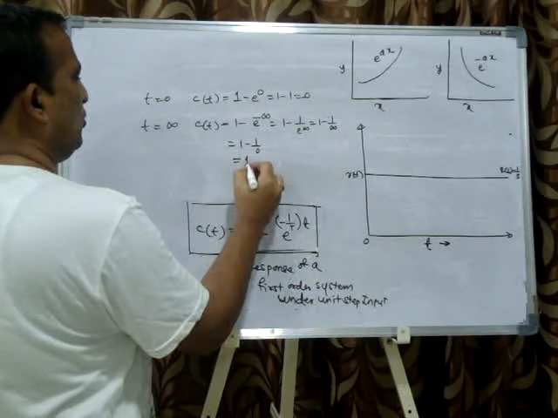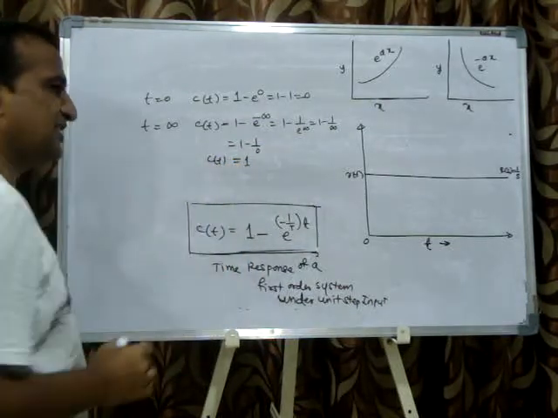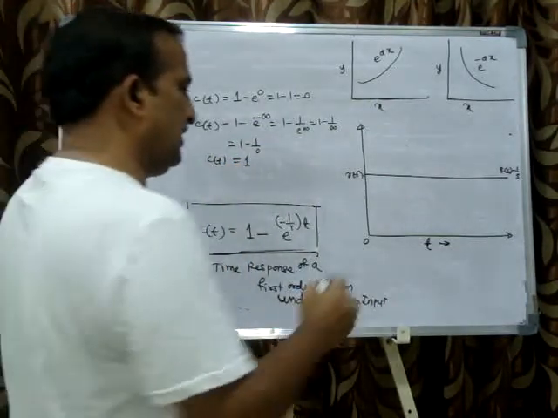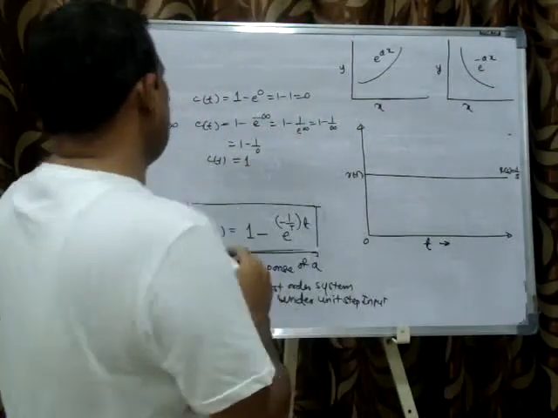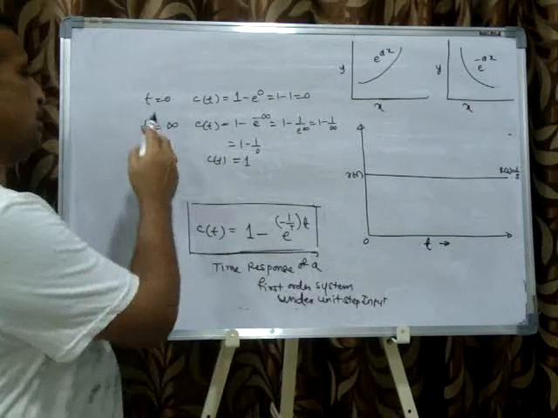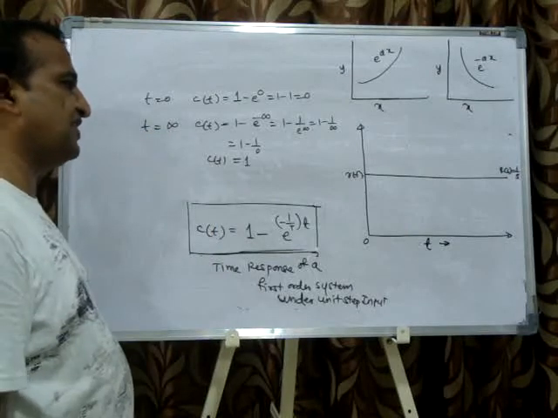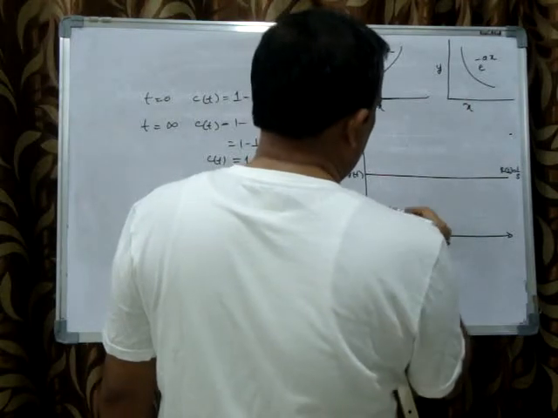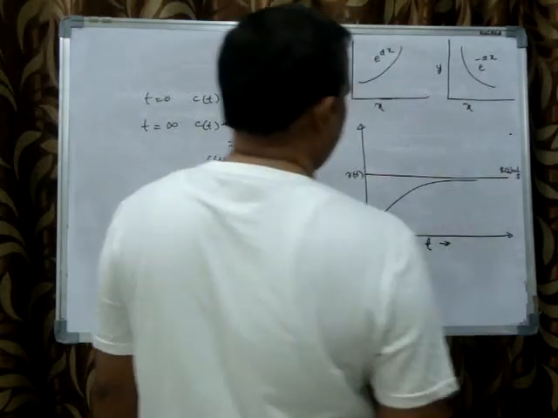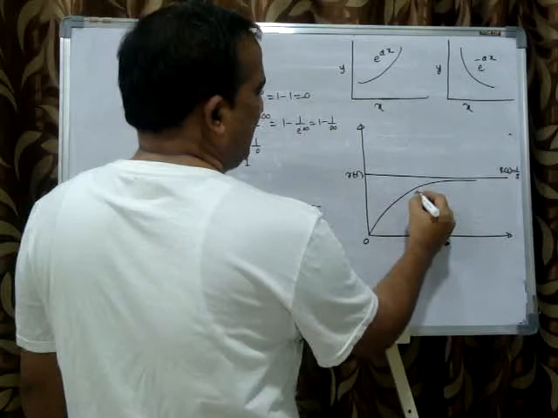So after sufficient time the output is 1 because the input is 1. This is your response curve, your C of t curve.